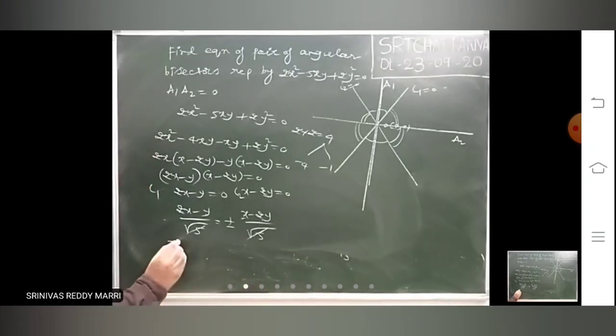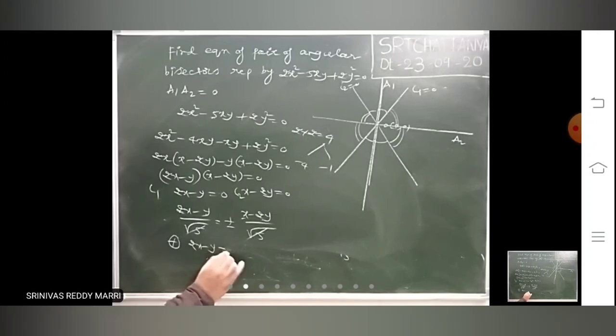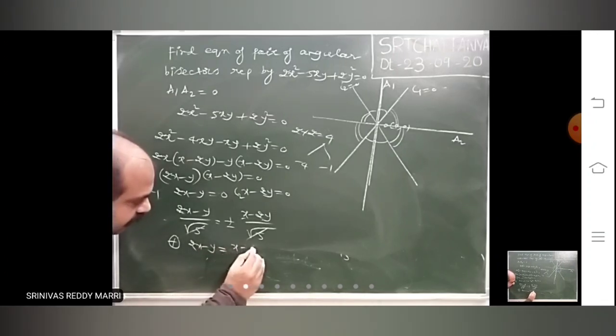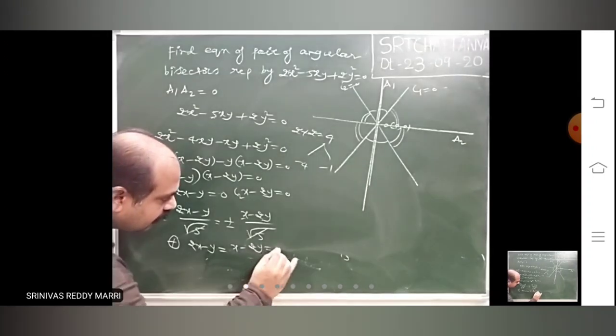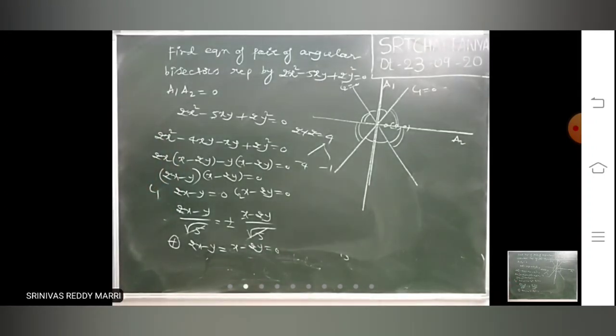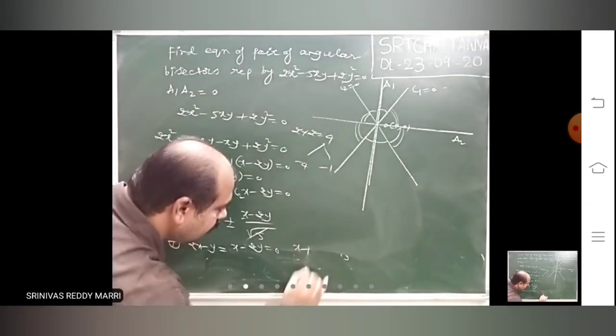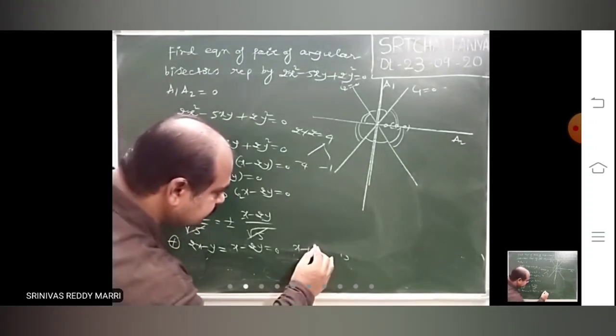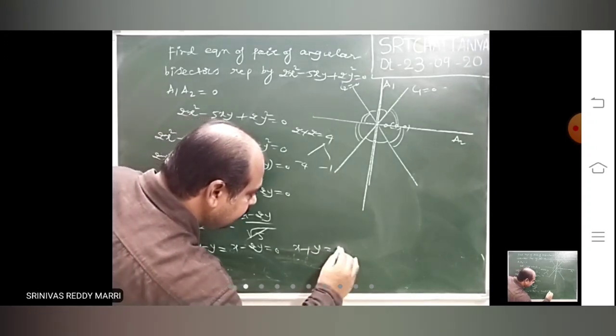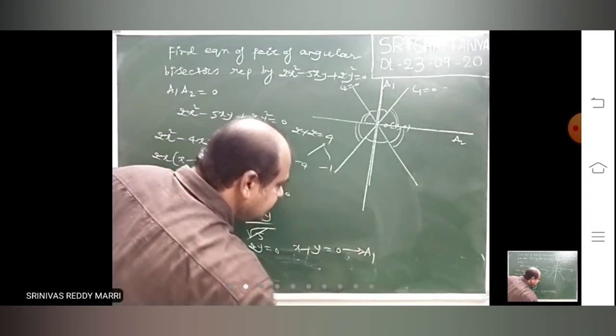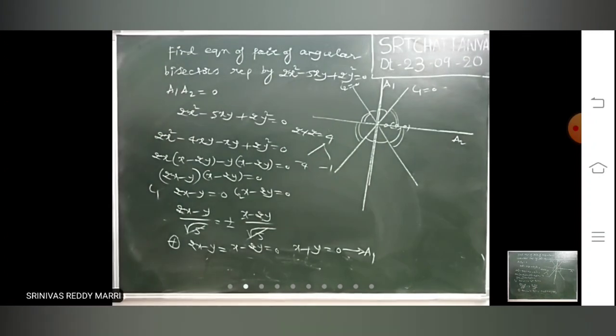I am finding the angular bisectors. If plus is taken, one angular bisector you will get: x plus y equal to 0. This is the equation of one angular bisector.